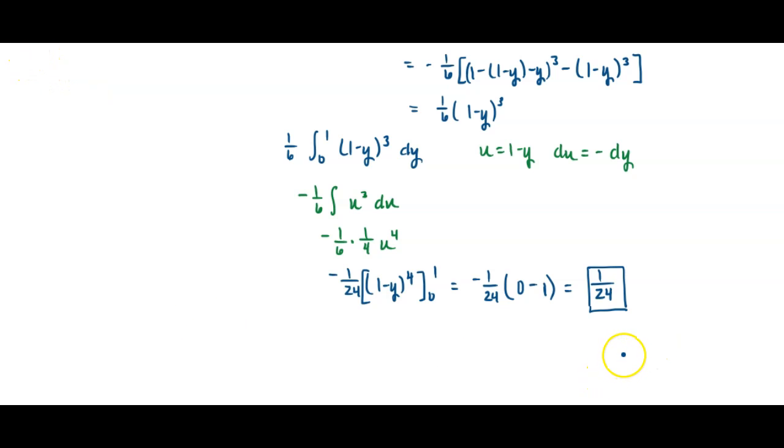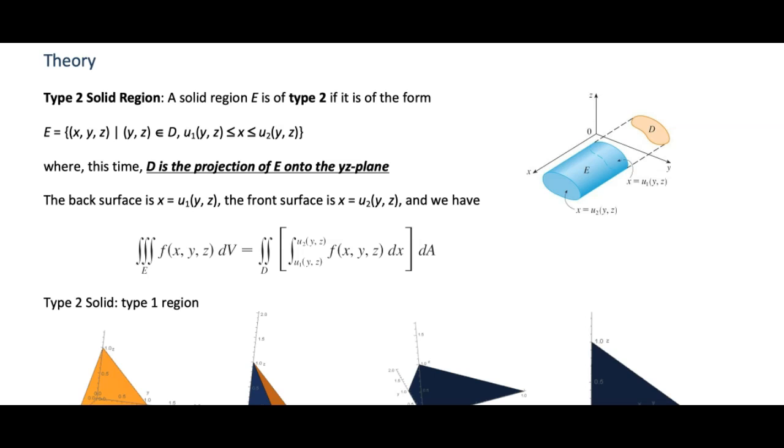So now let's look at these type 2 and type 3 triple integrals. So for a type 2 solid region, a type 2 solid region occurs where D is the projection of E onto the YZ plane.